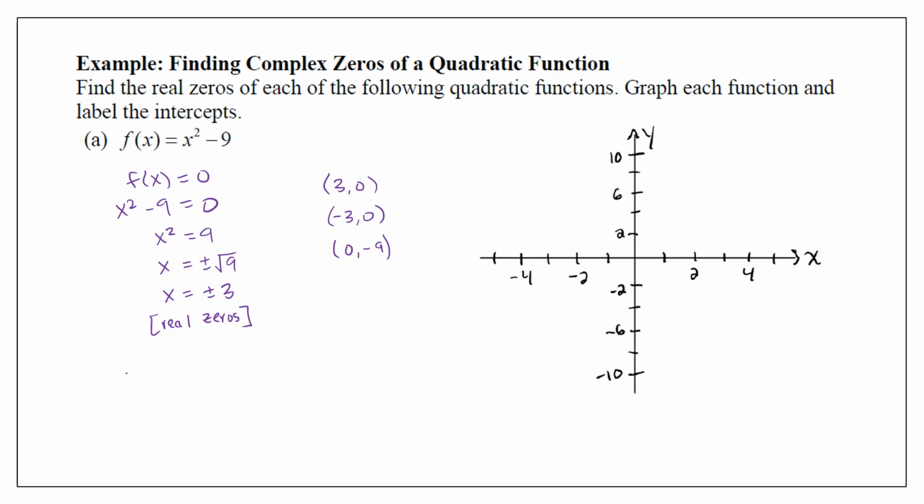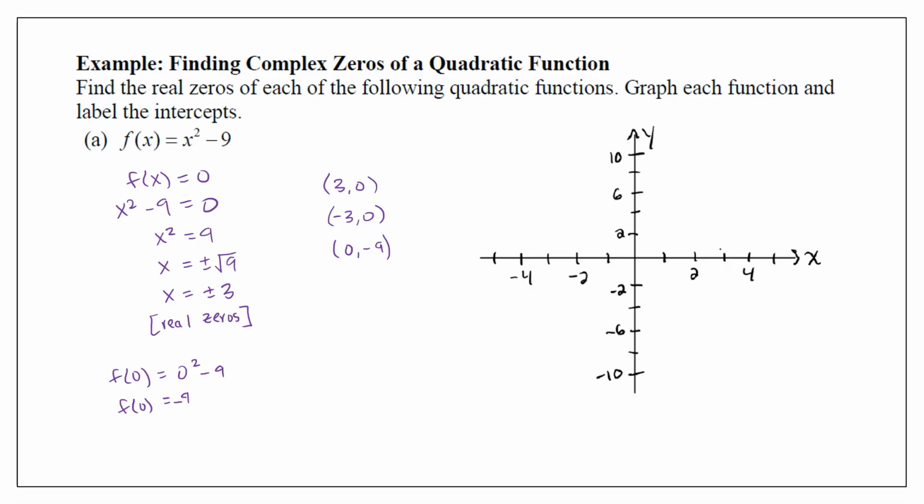So if we're trying to find f of 0, we would substitute in 0 for x, and we would get -9. Okay, so when x is 0, y is -9. And so those are 3 points that I'm going to now use to graph my function.